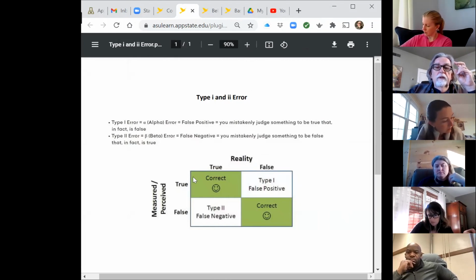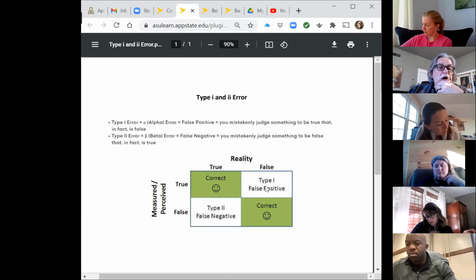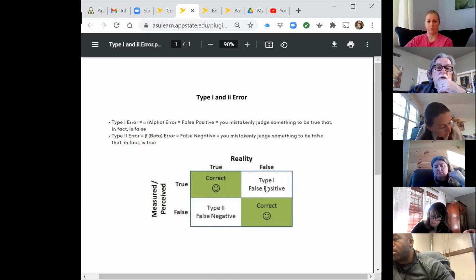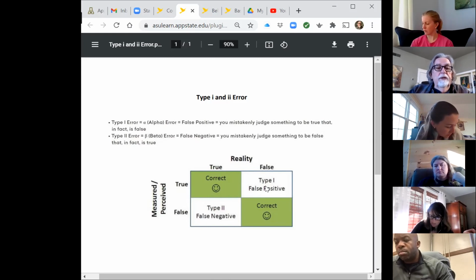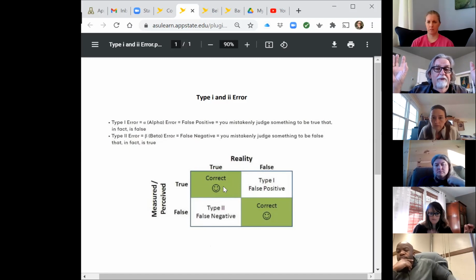The alpha level error, which we call type 1 error, is the error we make if we say that something is significant and it turns out to be not. If we decide that something is true, and it is true, then we're happy. We've gotten the right outcome.